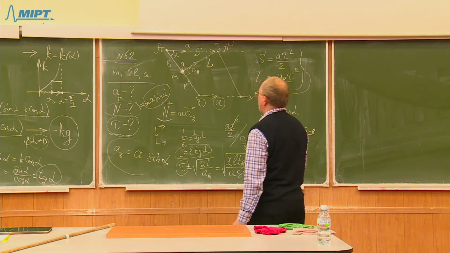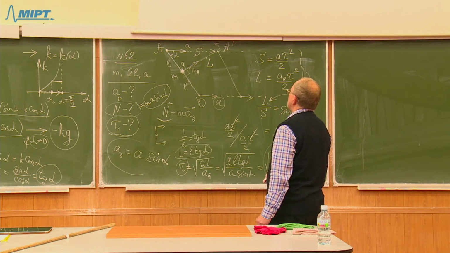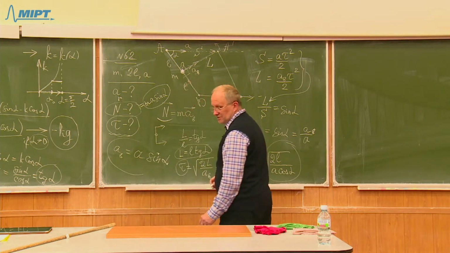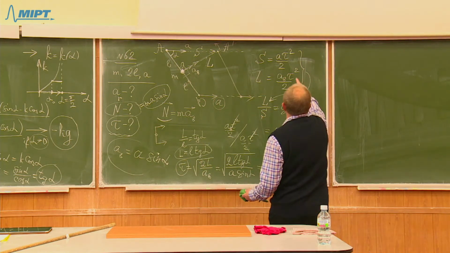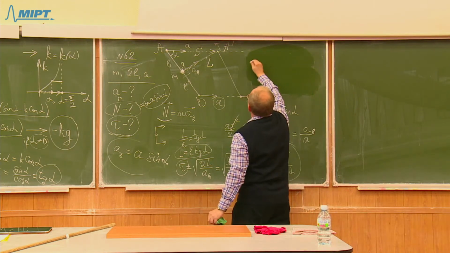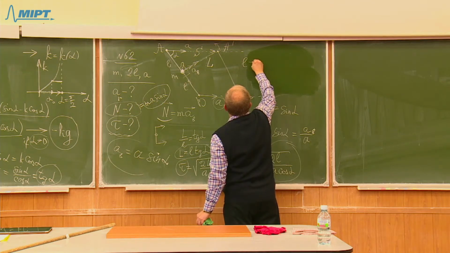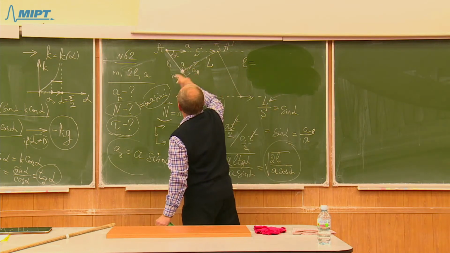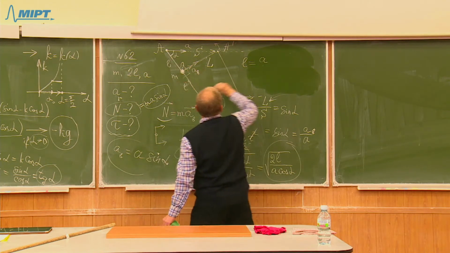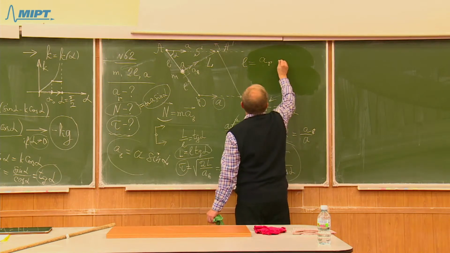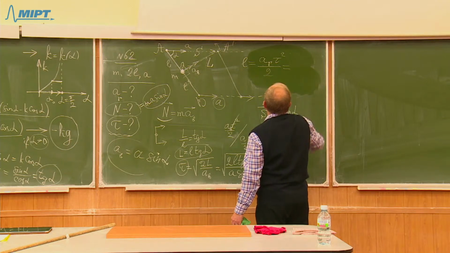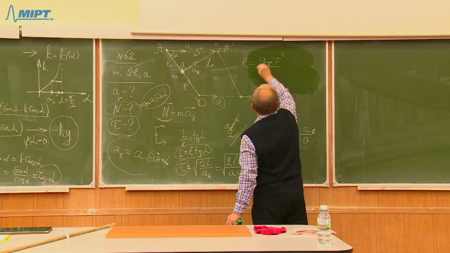and the acceleration of the bead relative to the rod may easily be calculated using a formula similar to what is written here. The distance covered by the bead is the acceleration of the bead relative to the rod, a_R, times the time interval squared over 2. Everything is known here except the acceleration.